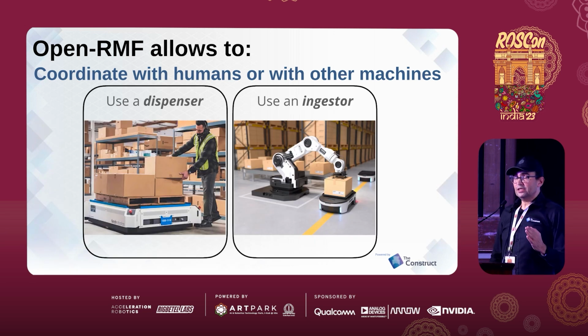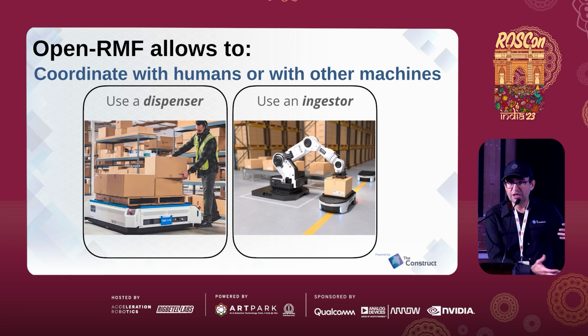We do that in OpenRMF with 2 concepts, which are called the dispenser and the ingester. So you create a dispenser and an ingester. The dispenser is used when the robot reaches a place and somebody has to take some stuff that the robot is carrying or providing.